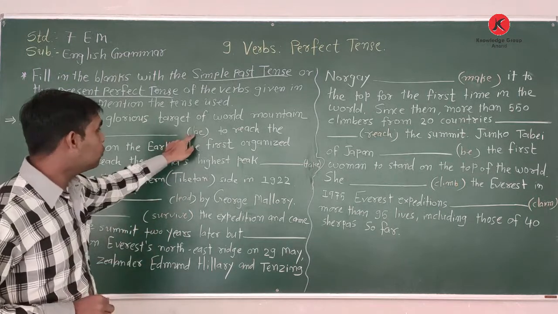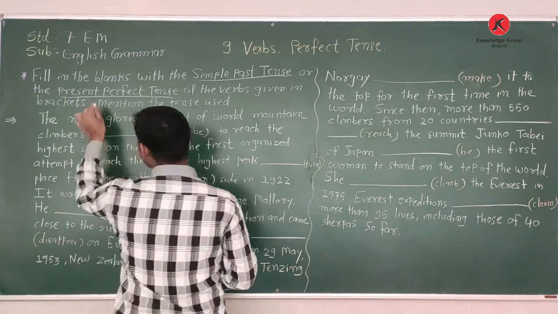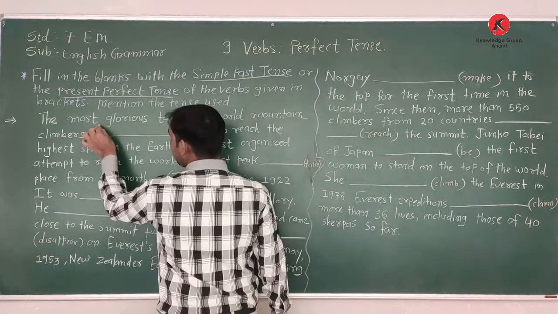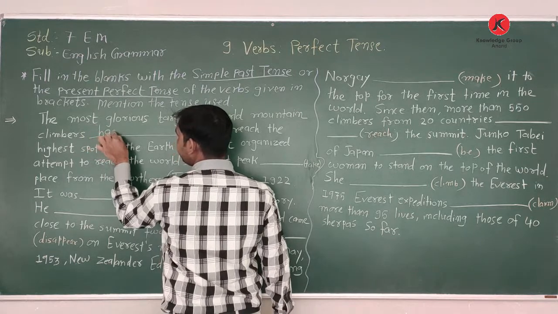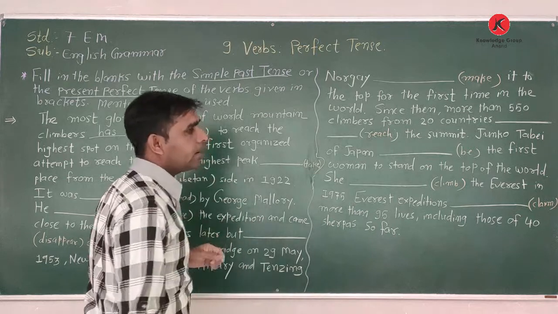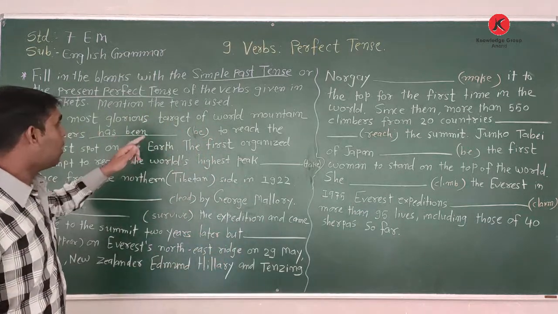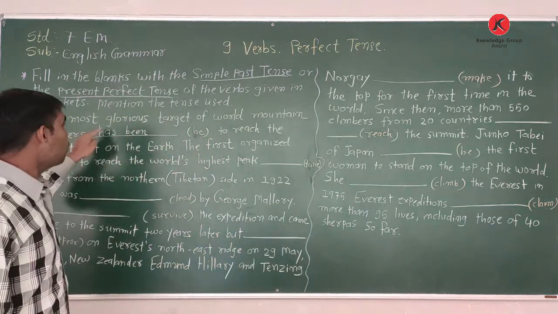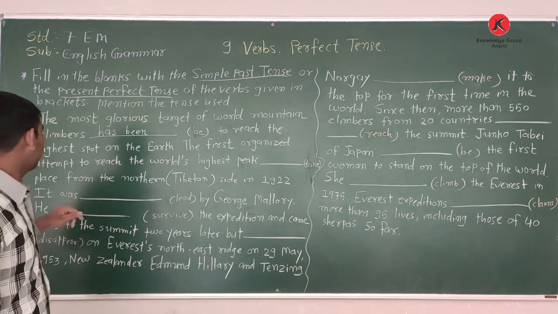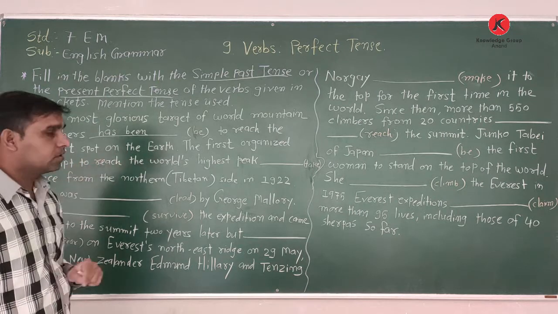So we use the present perfect tense. So the first blank's answer is has been, the most glorious target of the world mountain climbers to reach the highest spot on the earth.